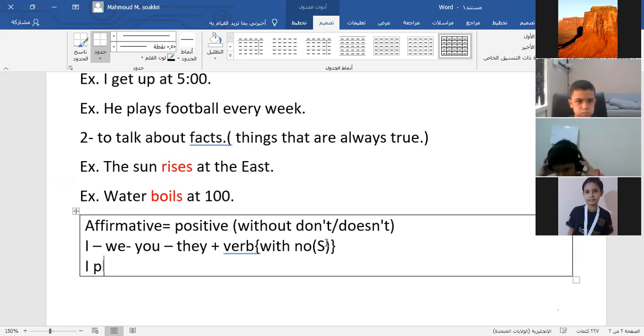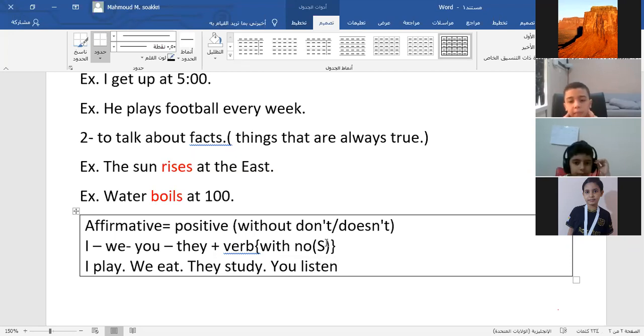I play. The verb play doesn't end with S. We eat. The verb eat doesn't end with S. They study. The verb study doesn't end with S also. You listen. All of these verbs didn't end with S in present simple.